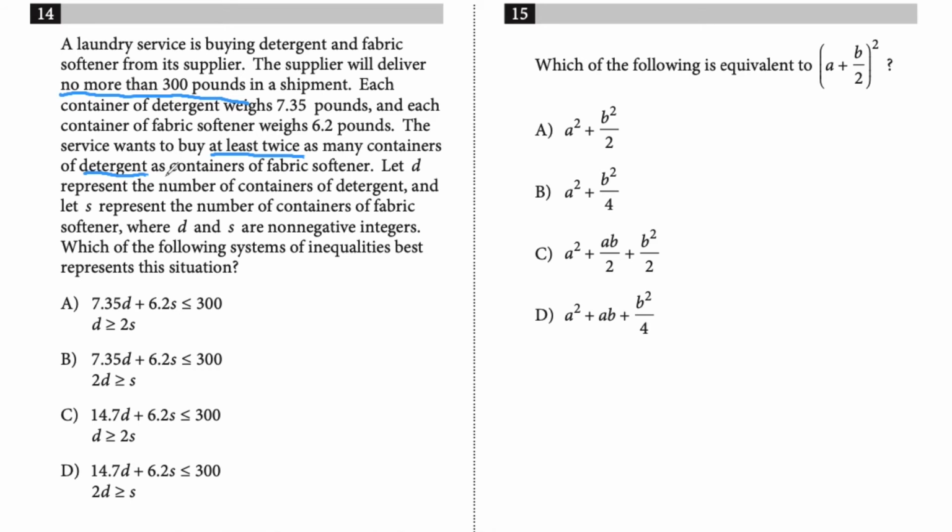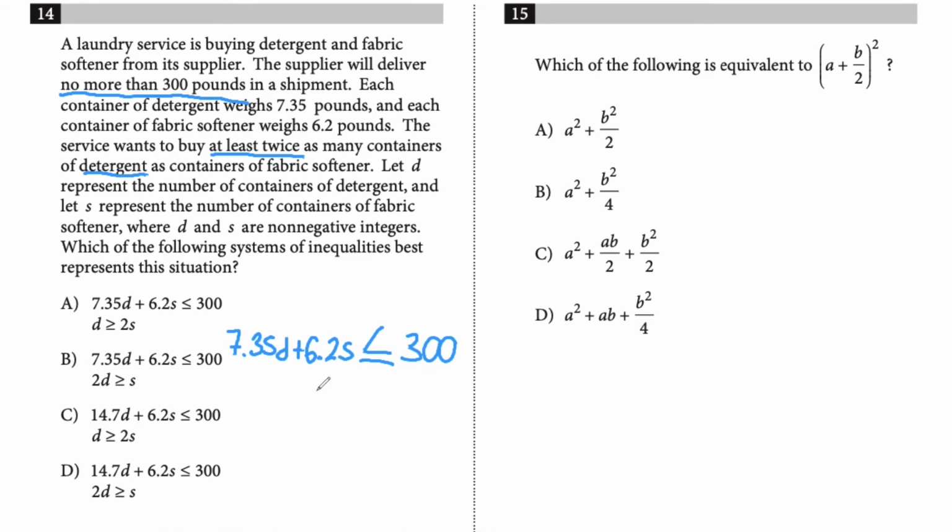So the two underlined portions are the two main parts of this question that we need to pay attention to. The total weight can be no more than 300. So whatever the weight is, it needs to be less than or equal to 300. It can be equal to 300, but it can't be greater than 300. So the weight will be 7.35 times the number of detergents plus 6.2 times the number of fabric softeners.